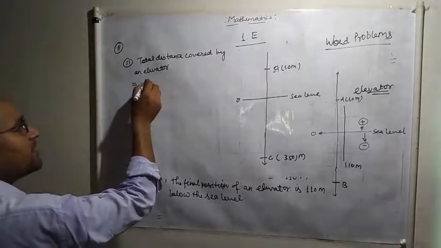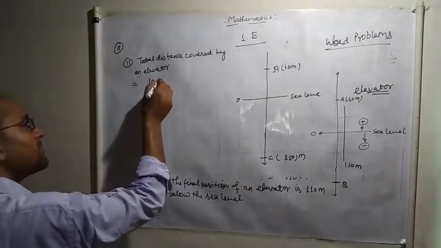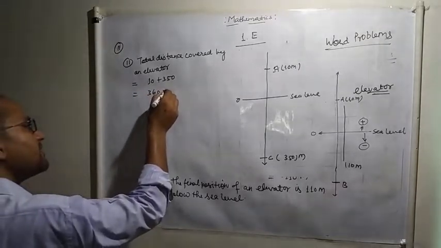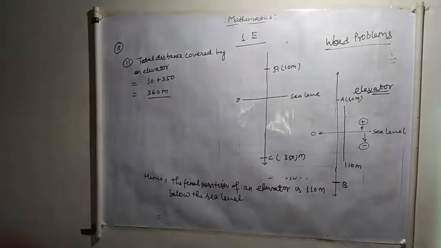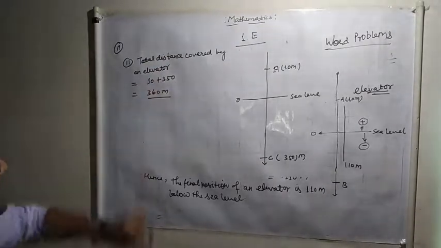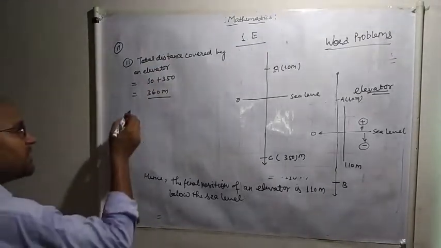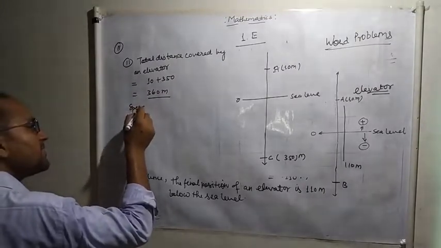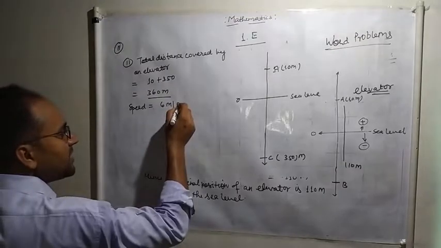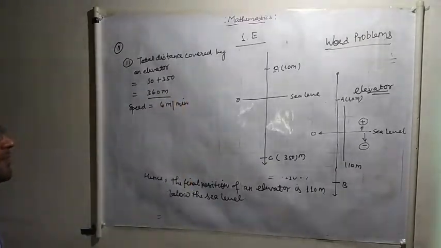So 10 plus 350 is equal to 360 meters. Total distance covered by an elevator is 360 meters, and speed is given as 6 meters per minute.